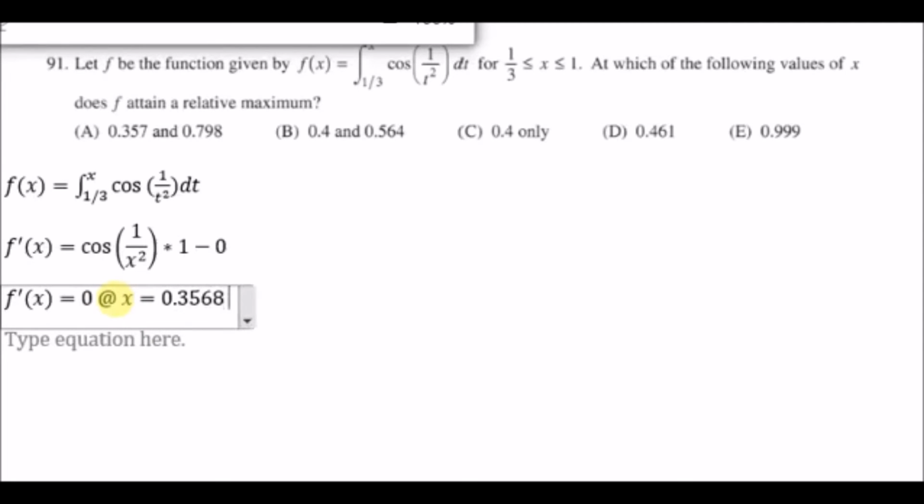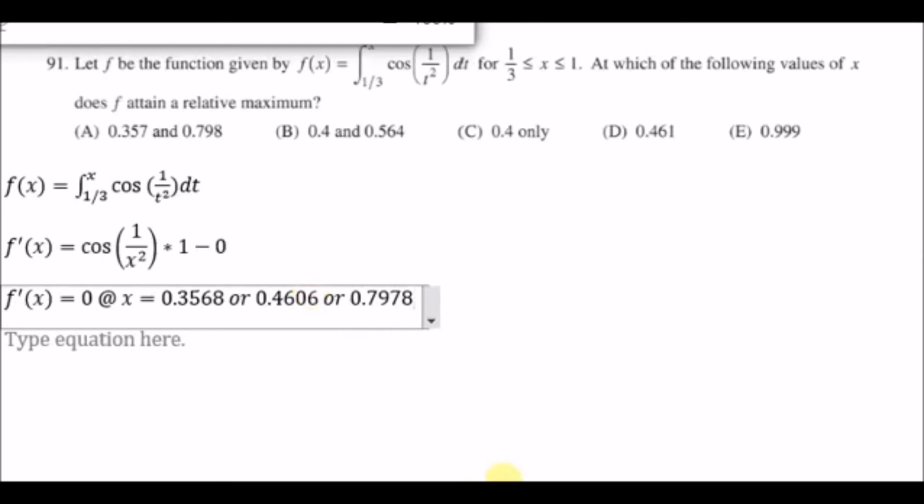We get x equals 0.3568 or 0.4606. And as we can see, we have two solutions here, 0.357 and 0.4606, and so it looks like one of them is going to be extraneous, and that would be, oh, look at that, I missed a solution here. That's our issue. Or 0.7978.